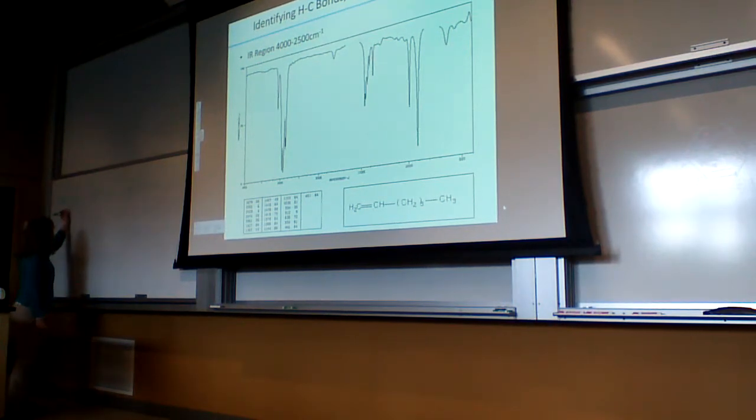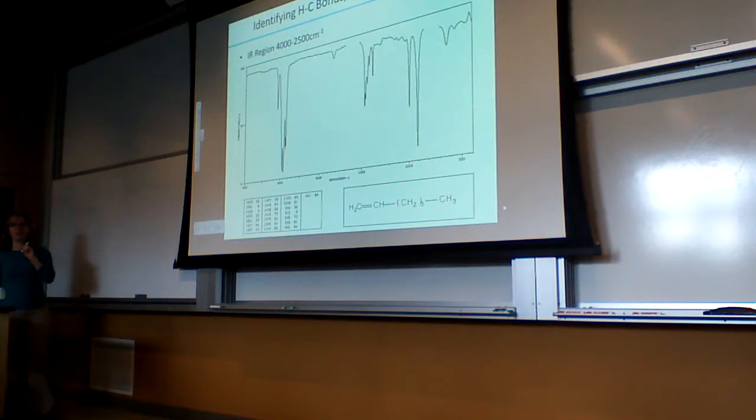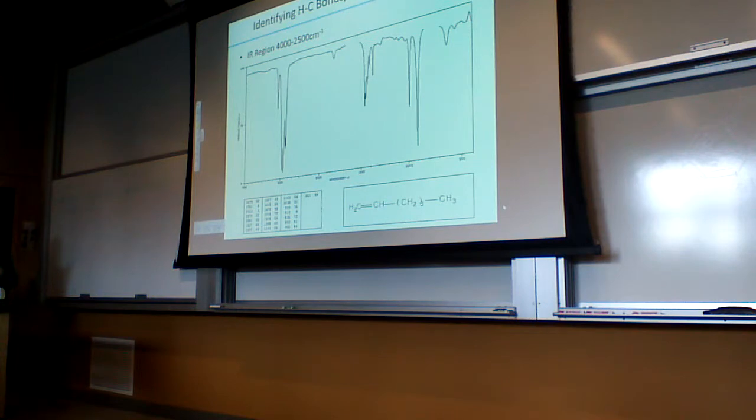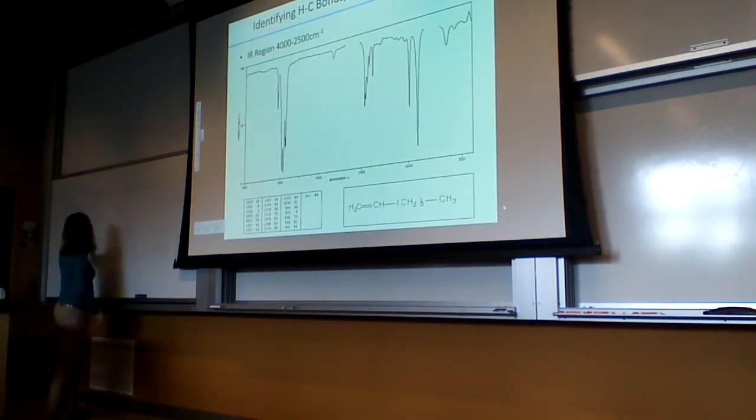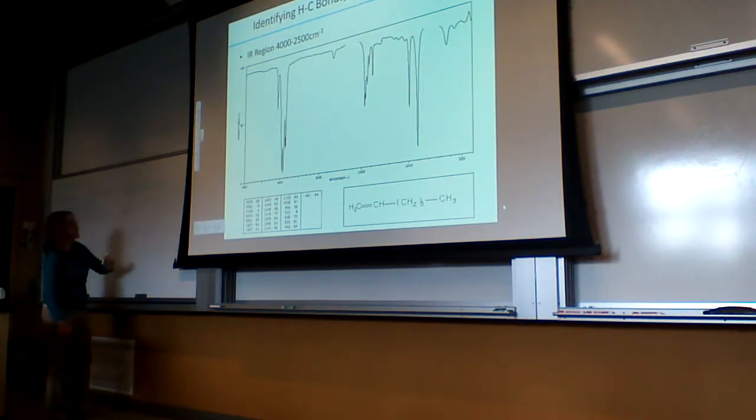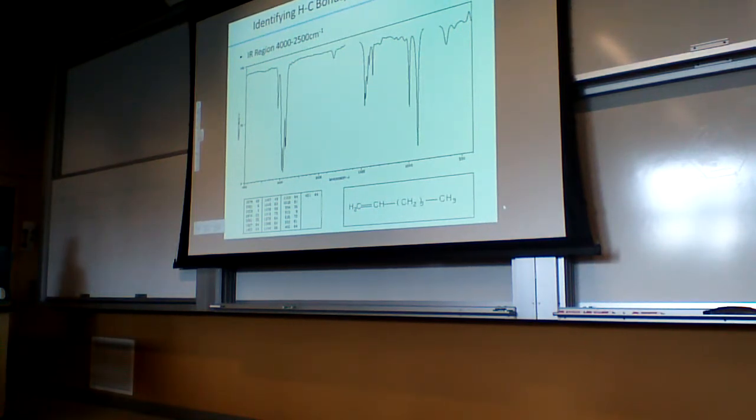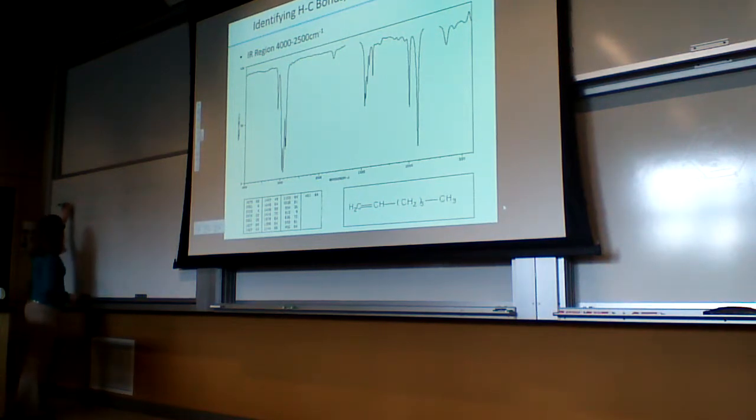So now we have a 33% S character in that sp2 hybridized carbon, which, when you have more S character, gives it a shorter bond, which makes it a stronger bond and will increase your K value. And if we increase that K value, the wave numbers are going to go up. So that is the stretch.